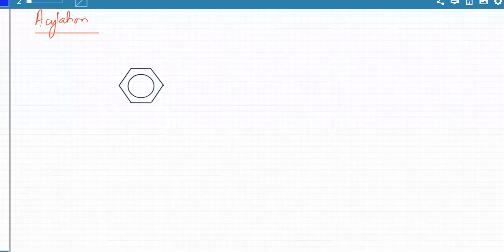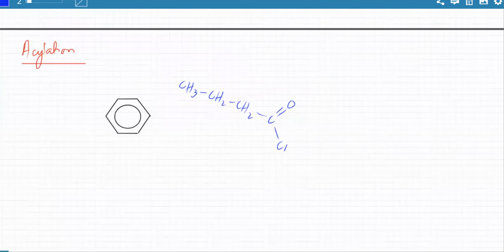An acyl chloride has a carbon chain. So let's say you have CH3, CH2, another CH2, and there's a C double bond O and Cl. So just like a carboxylic acid, this is your acyl functional group.